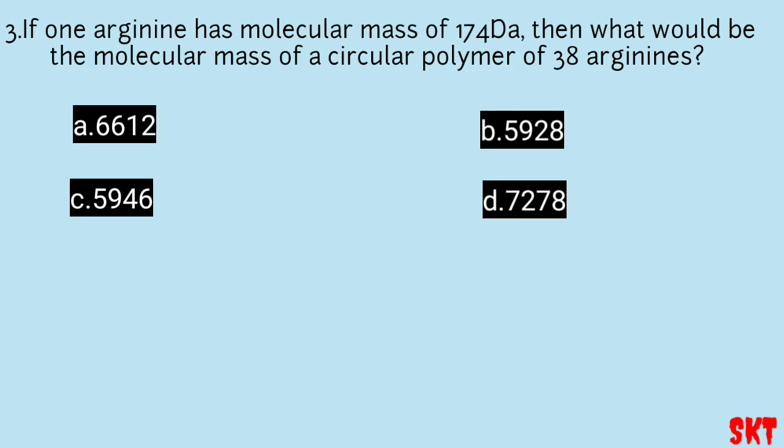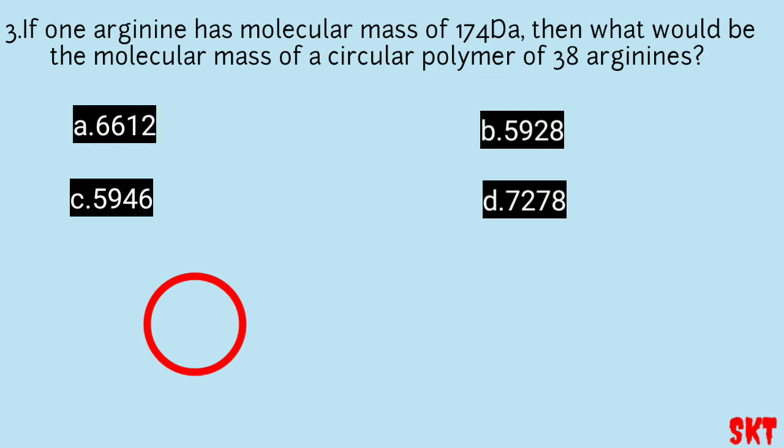In the previous question, it was a linear tripeptide molecule, so only two peptide bonds were forming and two water molecules were going out. In this question, it's a circular polymer of 38 arginines, and hence 38 peptide bonds will be forming and 38 water molecules would be going out.